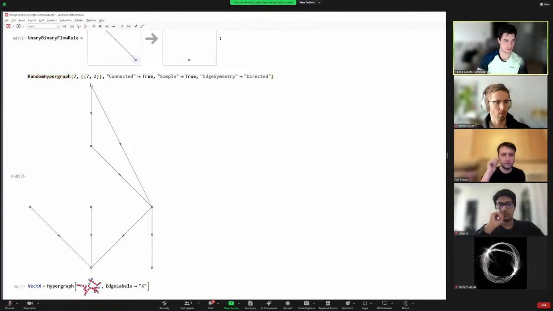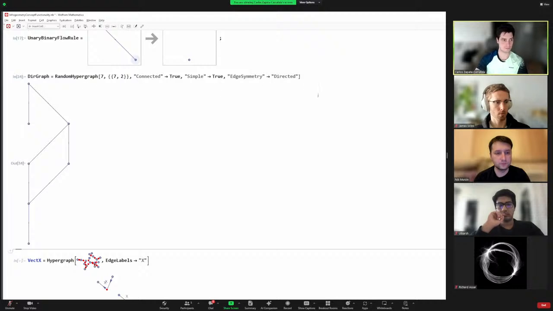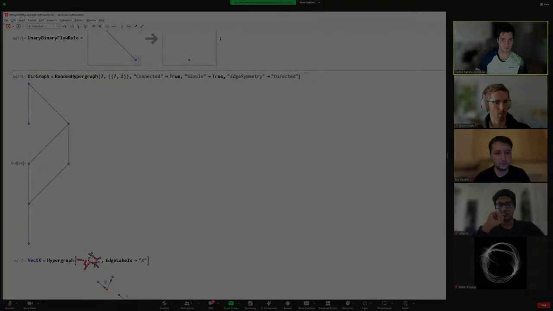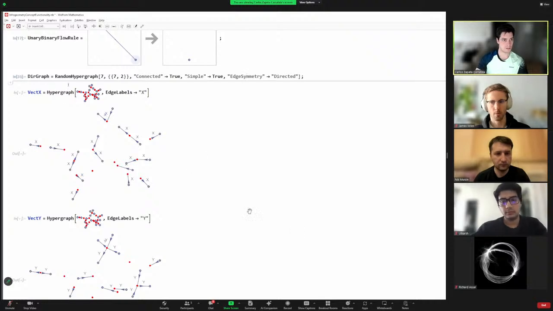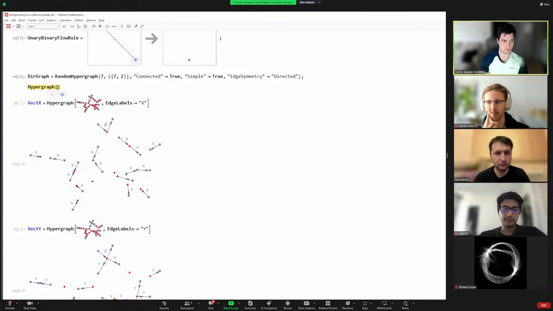So if this is some directed graph, then I can make a hypergraph. How would you do this, Nick, quickly? I'm just trying to add some random unary edges.